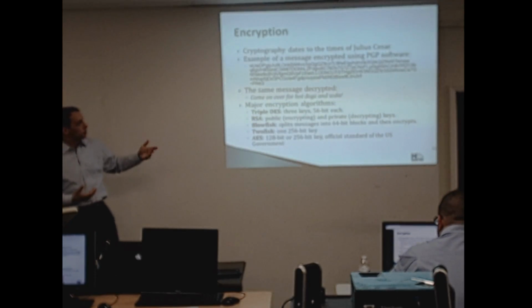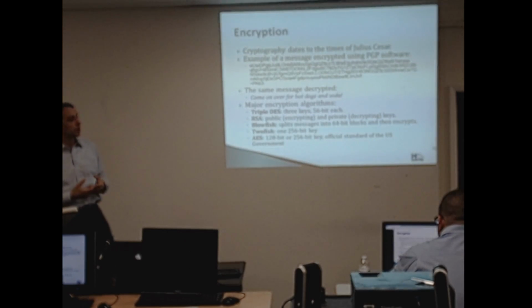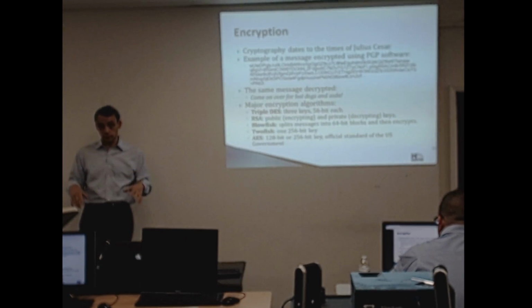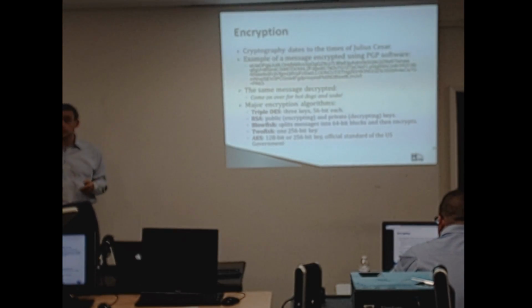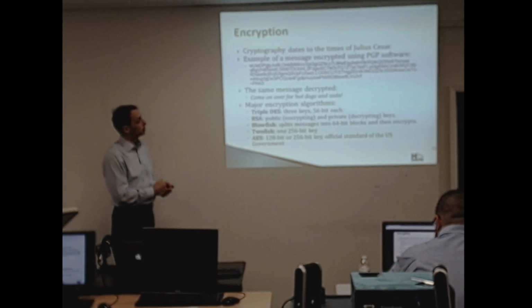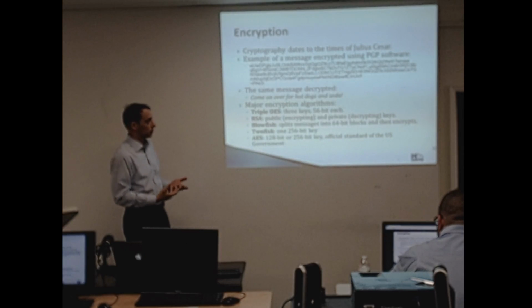PGP scrambles this. It's usually used for encrypting your data on computers. So I don't know about the computers in this classroom, but in many cases, the corporate computers would be encrypted so that if people get access to the data, without decryption they cannot figure out what it is.